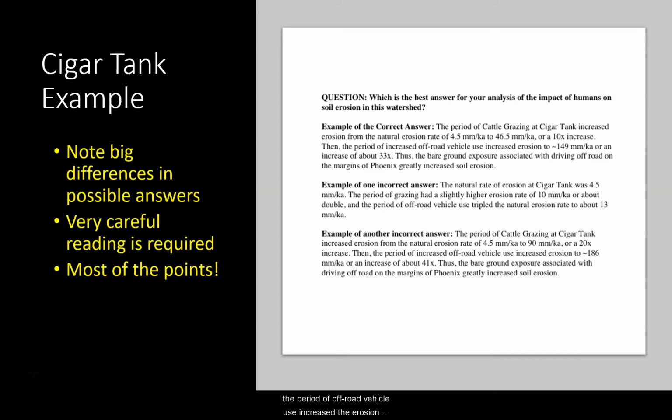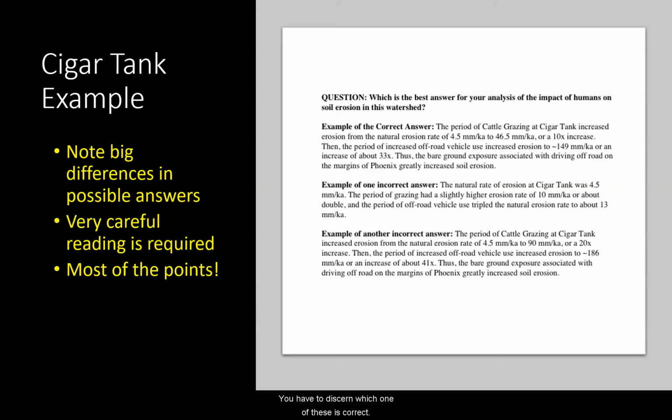Then the period of off-road vehicle use increased the erosion rate massively to 149 millimeters per thousand years, an increase of 33 times. Thus, the bare ground exposure associated with driving off-road on the margins of Phoenix greatly increased soil erosion. And then you're given incorrect information.